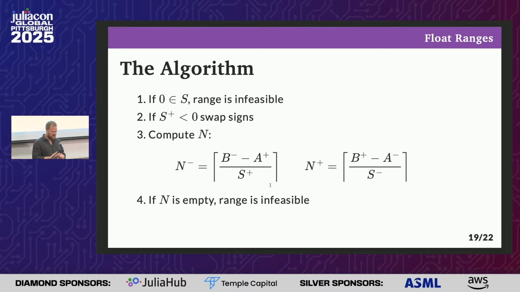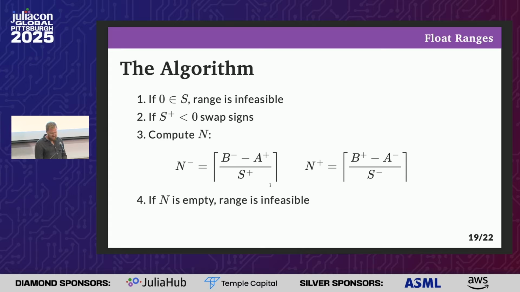First of all, if 0 is in the range of steps, then the range is infeasible, because you can't have a 0 step and go anywhere. These types of computations don't work out if the sign is negative, so flip the sign, make sure S is positive.